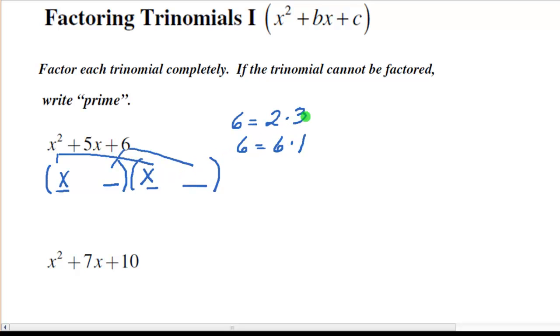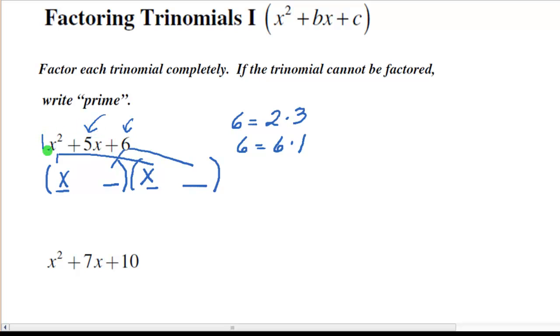How do we know which one to use? Well, when we've got a trinomial where the leading coefficient, by that I mean the coefficient of the x squared term, is a 1, then we're going to use the two factors that give us the 6 but add up to the 5.